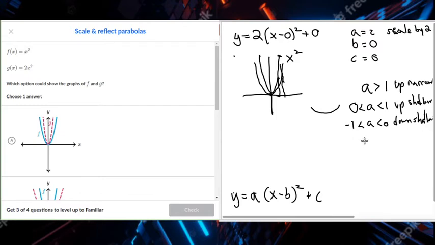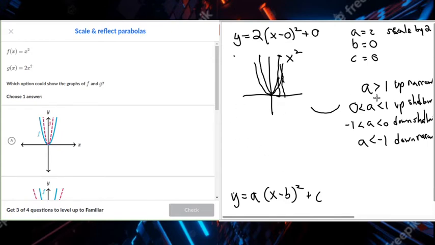And if we have an a that's less than -1, it's going to be down and narrow. That's because we're just multiplying by -2 or -3. We're making everything go farther down. If here it goes up 1, there it's going down 3. If here it goes up 2, there it's going down 6.